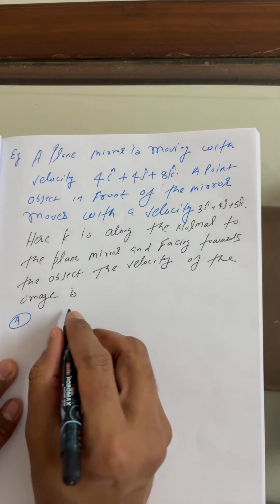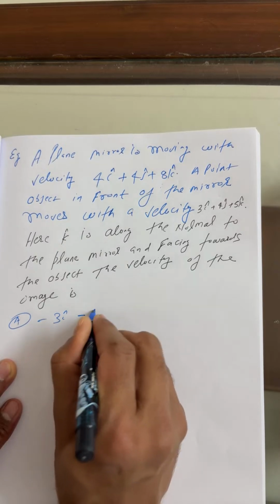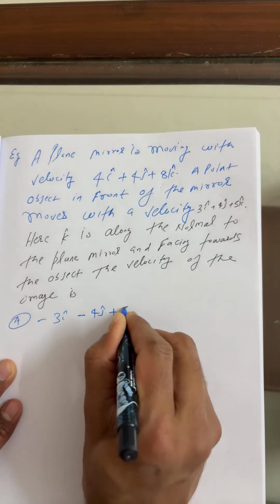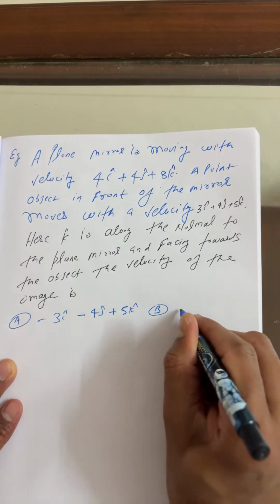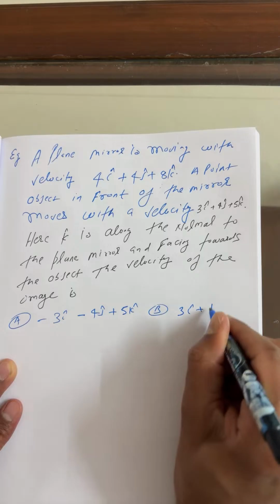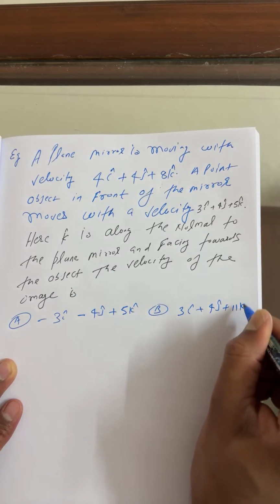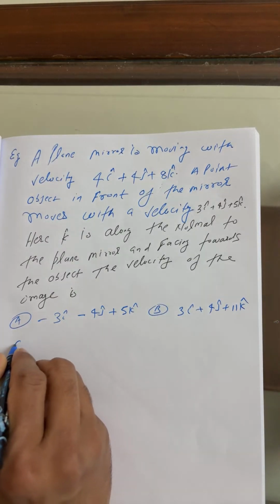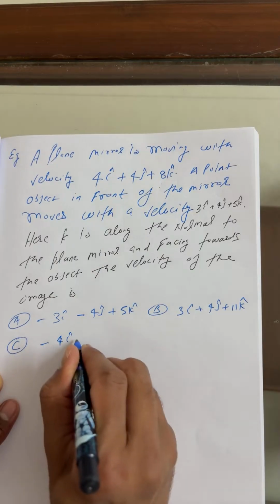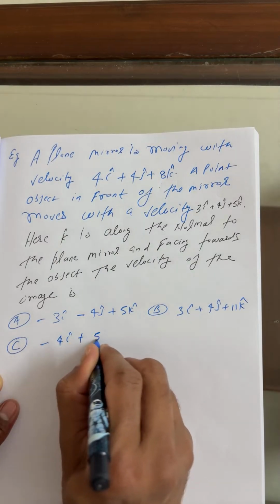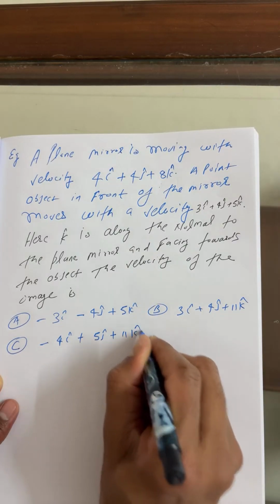Option first: minus 3 i cap minus 4 j cap plus 5 k cap. Option second: 3 i cap plus 4 j cap plus 11 k cap. Now option third: minus 4 i cap plus 5 j cap plus 11 k cap.